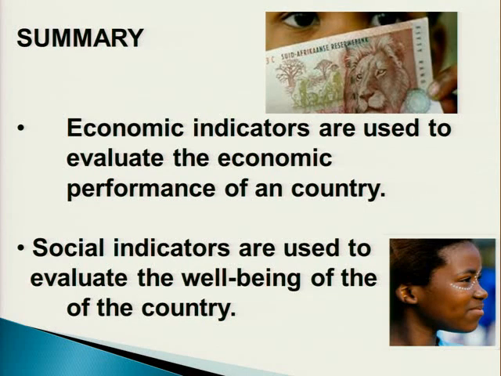And when the world is looking at these indicators, it gives us an idea of how far the country is developed or not. It also gives us an idea of how the country is performing, and what the average income of this specific country is.